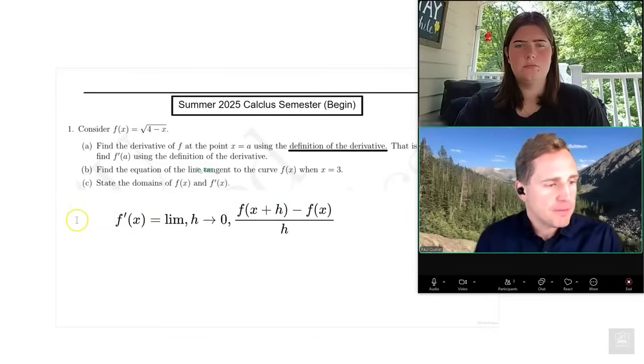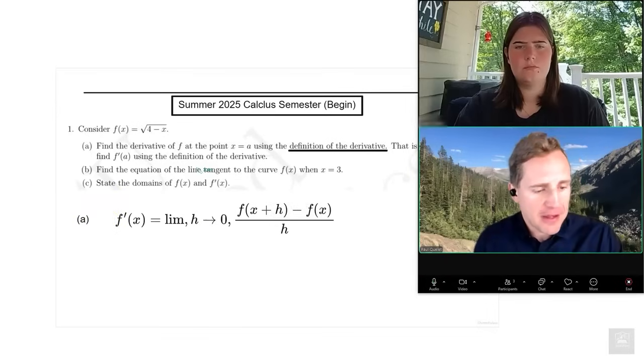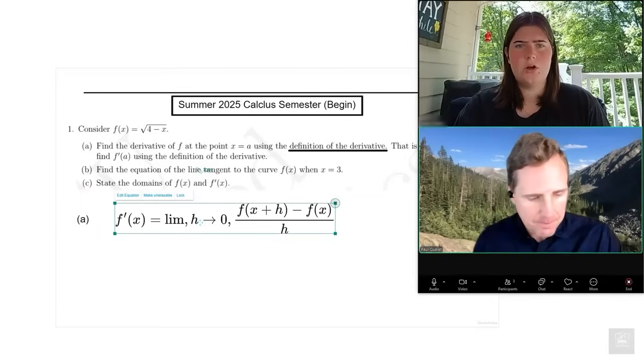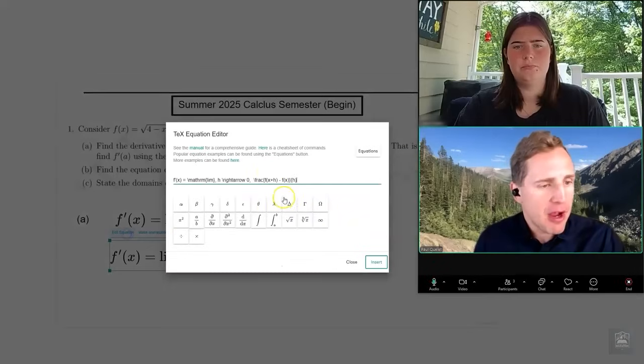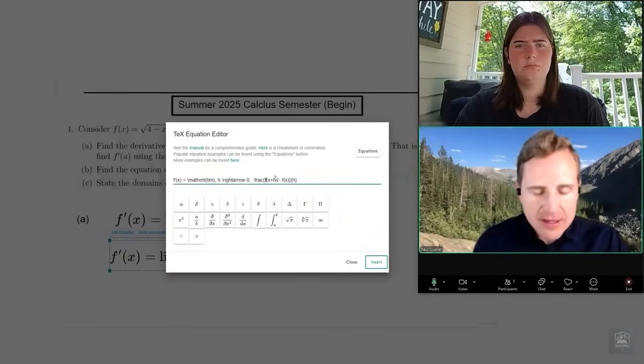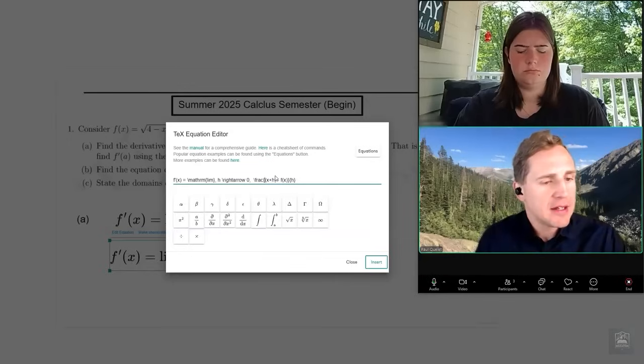Okay, next question. What do we then start filling in for f in this formula? Our function? That's right. So we're going to say f prime x is equal to the limit as h approaches 0 of, and then what do I put in around the x plus h and the x instead of f?